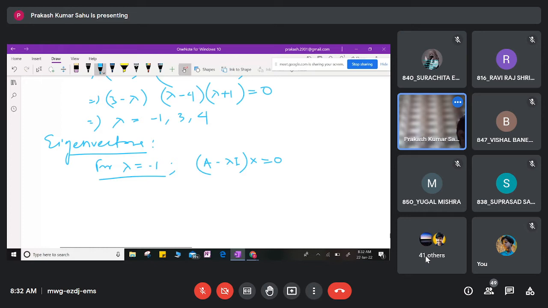So if you put lambda is equal to minus 1, this will be 2, 6, 1, this is 1, 3, 0, and this will be 0, 0, 4, into x1, x2, x3. Actually, do one thing, simplify it first so that it will be easy for you and reduces the steps.